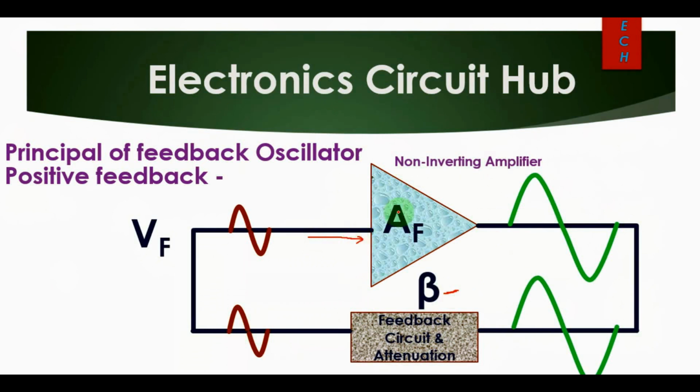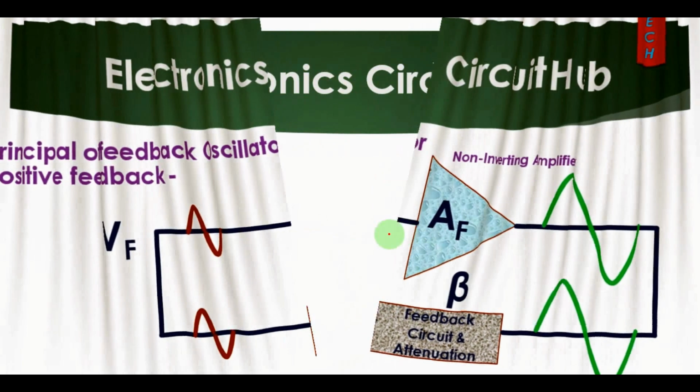This non-inverting amplifier amplifies this input signal with the gain of AF, and again it goes to the feedback circuit, and again it is attenuated, and again it is fed back to the input of this non-inverting amplifier. So in positive feedback, this builds up until it reaches a sustained oscillation. So this is the principle of positive feedback.